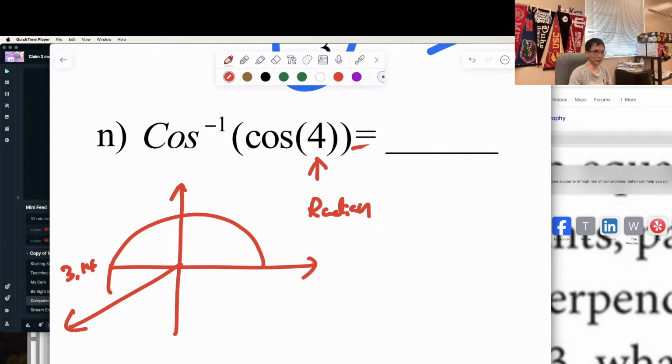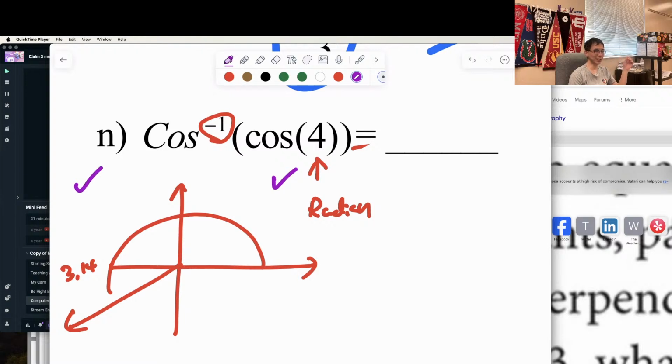Now remember, cosine inverse has to be in the correct restriction, so it has to be the top two quadrants. Now, cosine of 4, type it in the calculator right now. Do it in radians though. What's cosine of 4? I can predict this is negative.